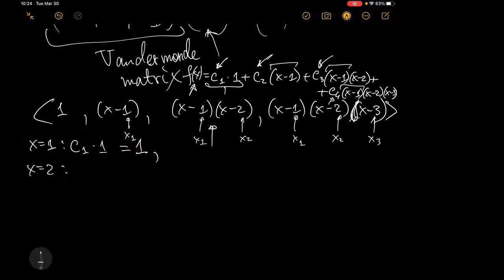Now the next sampling point. If I substitute x equal to 2 in this f of x, these two terms will not necessarily be zeros, but this term and this term will be zeros, because of the corresponding brackets x minus 2.